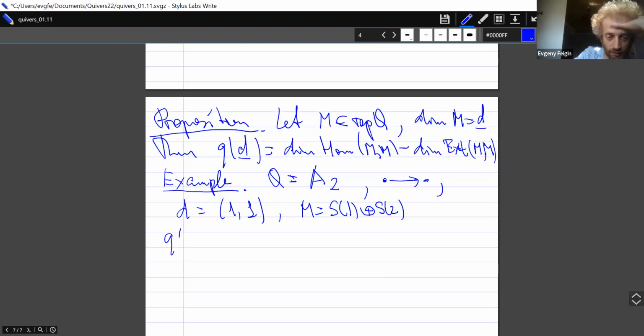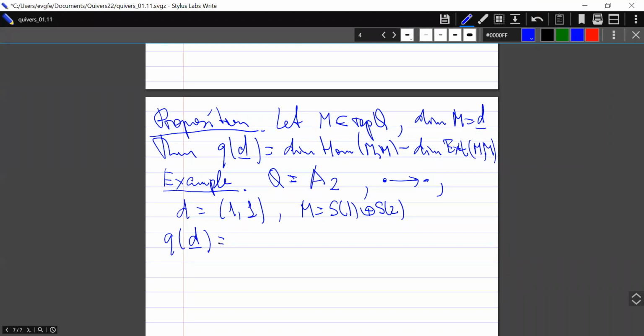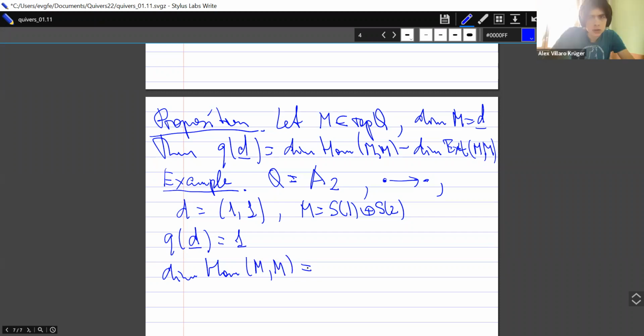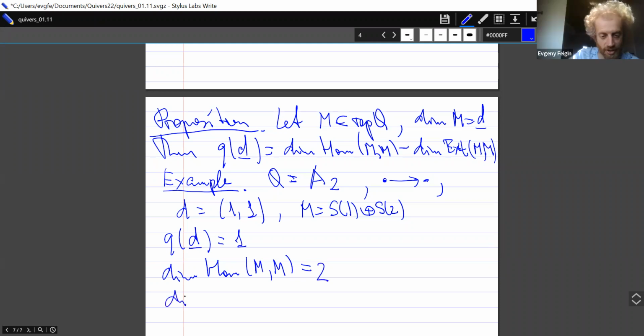So what is q of d? One. Right. And what is the dimension of Hom(M, M)? Two. Right. And what is the dimension of Ext^1(M, M)?